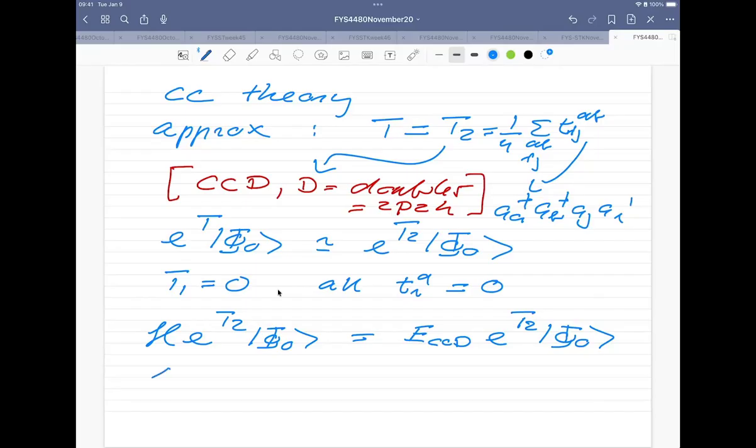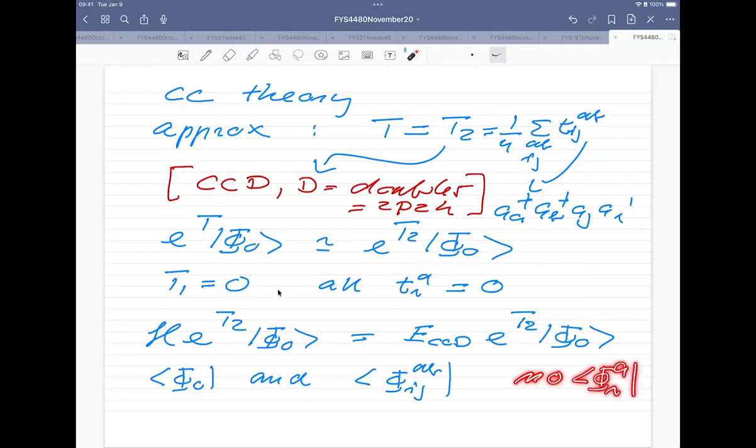I'm going to multiply with phi 0 from the left, and I'm going to multiply with phi_ij^ab from the left. Then I will get two equations, which I'm going to use to find the unknown coefficients t_ij^ab. I have no phi_i^a, because I have simply assumed that these excitations don't exist. Okay? So this is just an approximation we make.